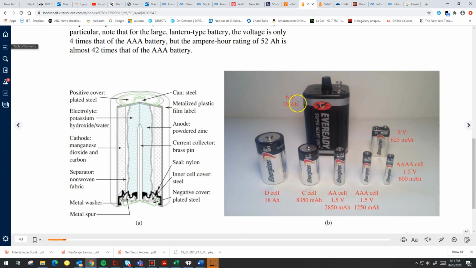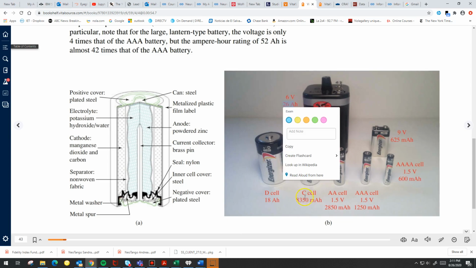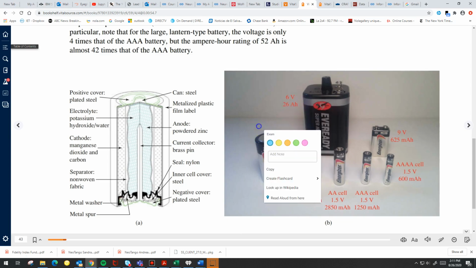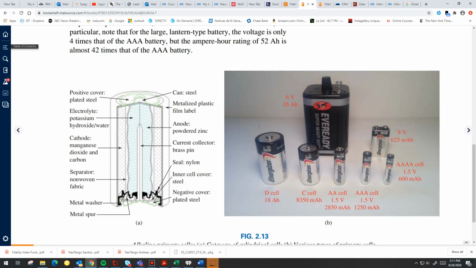This number says 26 AH, 18 AH, and you'll see later what that means. Very shortly, we're going to see what that means, but that's another important way of characterizing what a battery will do, right? Not just the voltage itself, but also something that represents how much current you're going to get out of that battery and for how long.